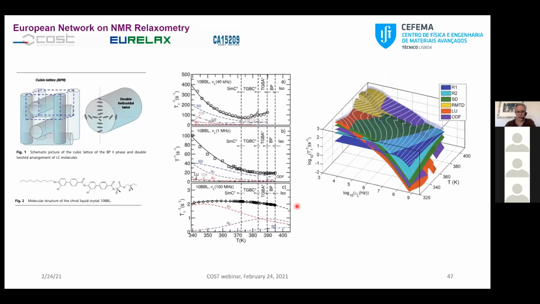The same thing for this blue phase, where all the features related with the dispersion and temperature could be obtained. And in fact, what was observed as a main conclusion in this particular blue phase, where the molecules have this double helical twist, is the fact that when the molecules diffuse along this direction, they have to rotate.